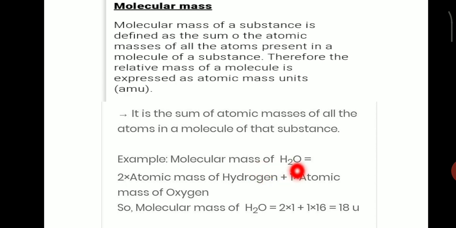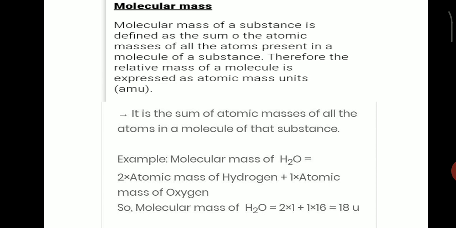Then add up, plus the next element is oxygen. How many oxygens are there? 1. Either you can write 1 into atomic mass of oxygen or simply atomic mass of oxygen. So 1 into atomic mass of oxygen.